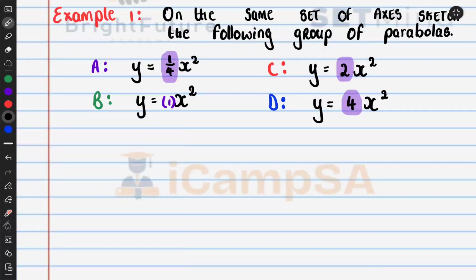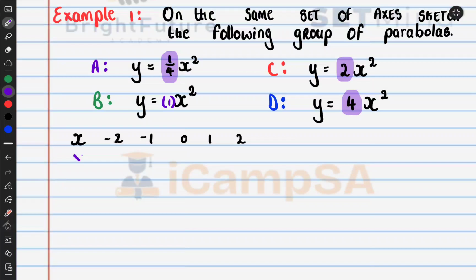Maybe let's start with the table of x values. The x values are gonna be -2, -1, 0, 1, and 2. Before we sketch, I think it will make things easier for us.